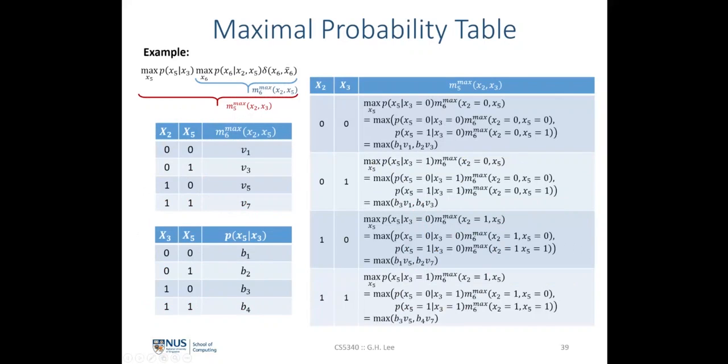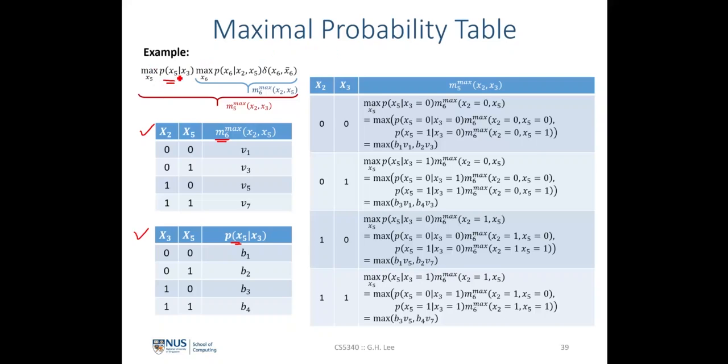And in the next step, the maximization over x5, we simply pass the message of x6, m6, which we have computed in the earlier step, as well as the conditional probability of x5 conditional upon x3. So we will look at these two tables to compute this maximization over x5.